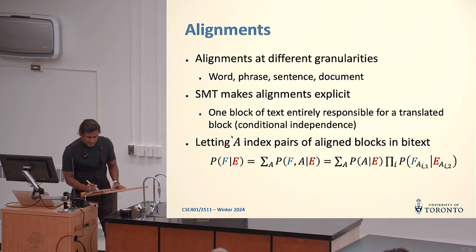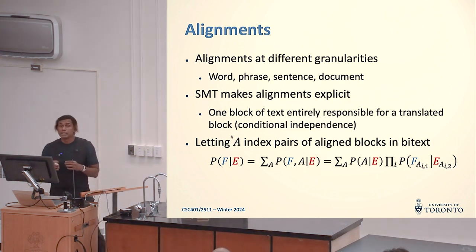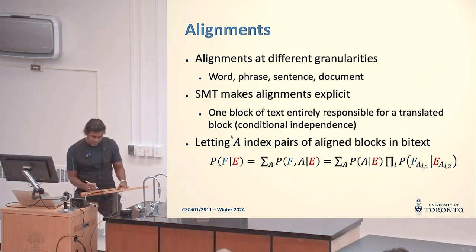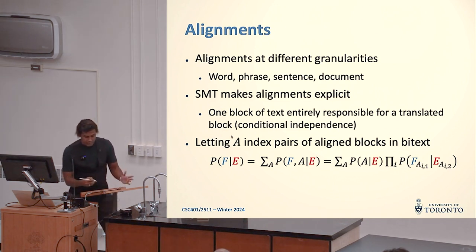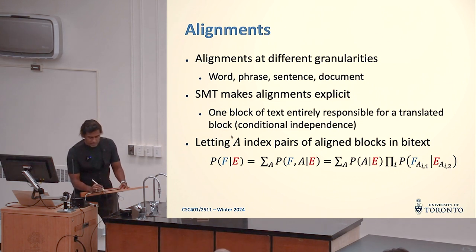Now, here we have to make a conditional independence assumption in order to write this part as a product of the alignment probabilities. So first of all, what the alignment variable or table looks like: consider you have an alignment table like this, where each row contains a pair of alignment information.